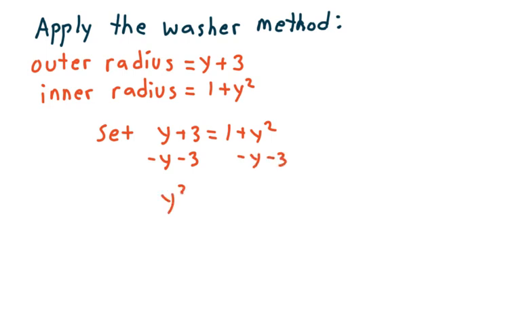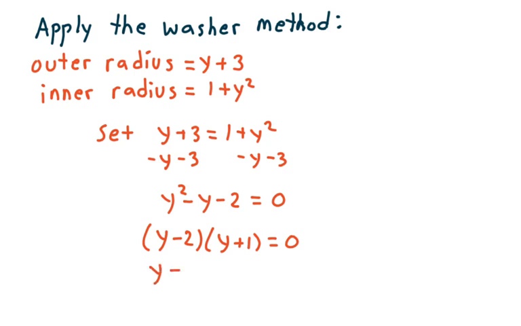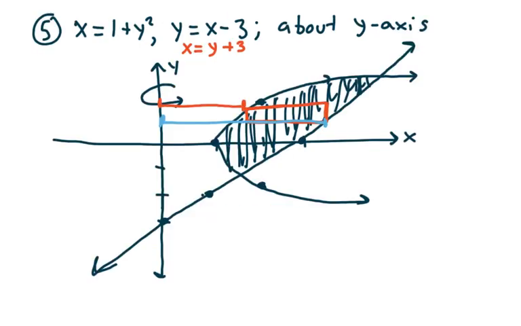And then I get y squared minus y minus 2 equals 0. So if I factor, I get y minus 2 times y plus 1 equals 0. So y is 2 or y is negative 1. And notice here that seems to be reasonable, right? According to the graph.